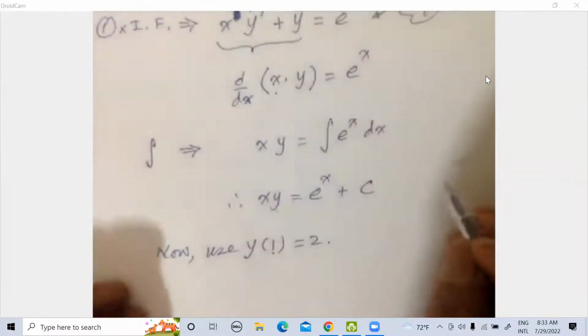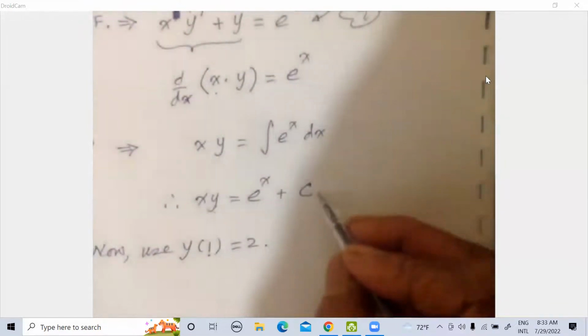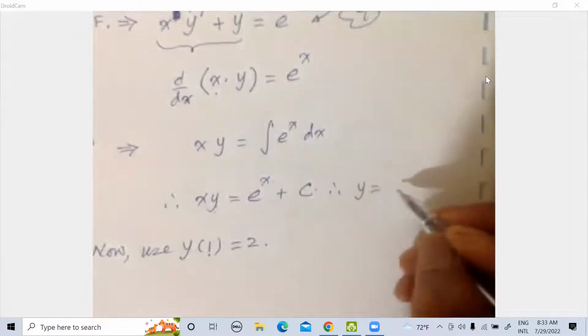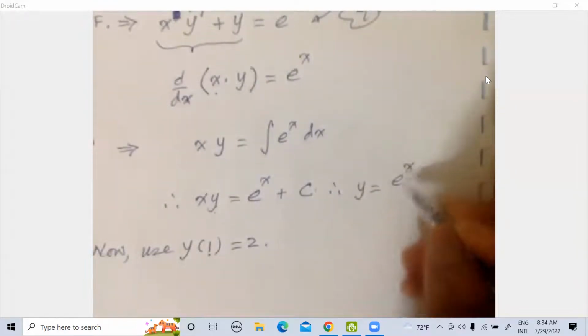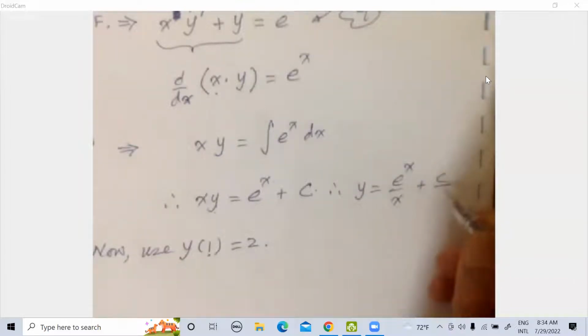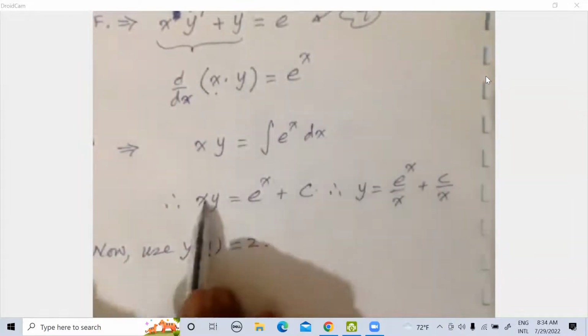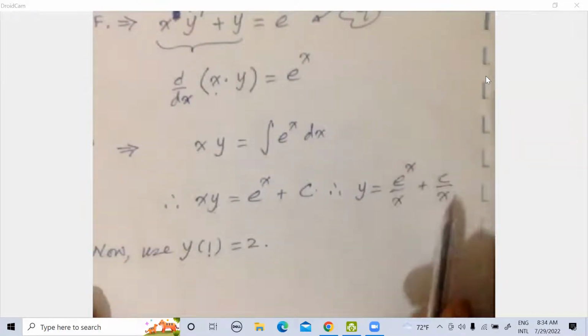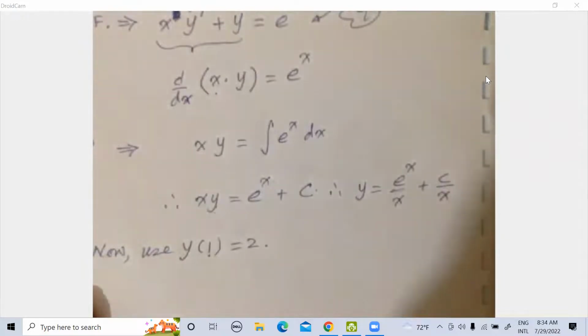So why don't we write that also? Therefore, y is equal to e to the x over x plus c over x. Divide by x to find y. Now we have found y, a function of x, where c is an arbitrary constant.